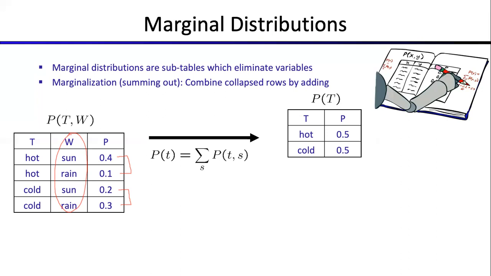और t को अगर मैं eliminate करना चाहता हूँ, तो what would be the marginal distribution for pw?